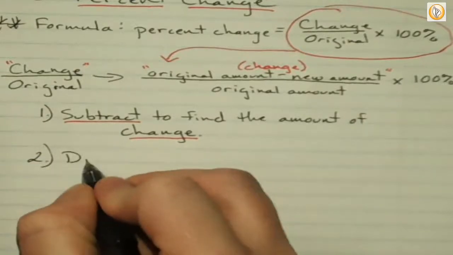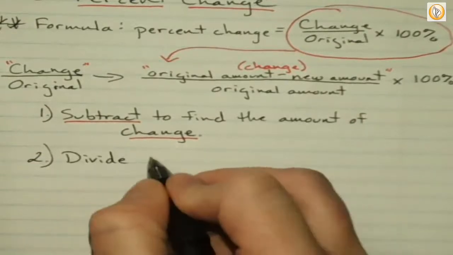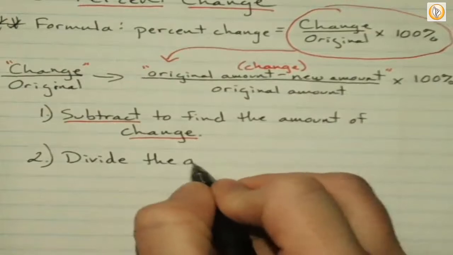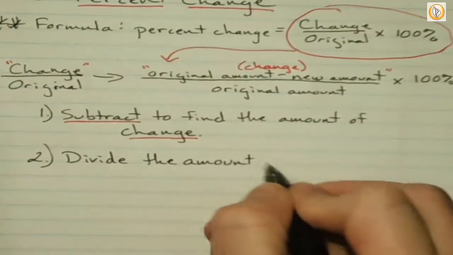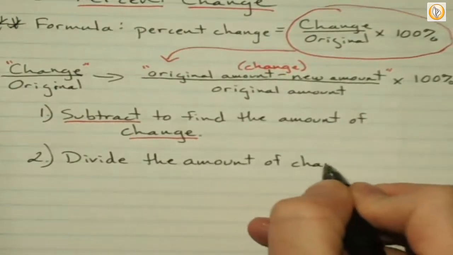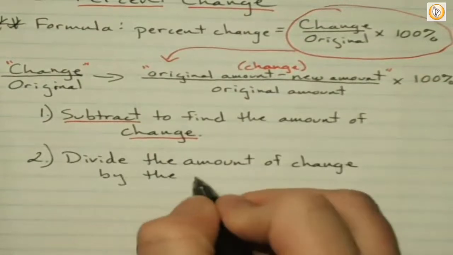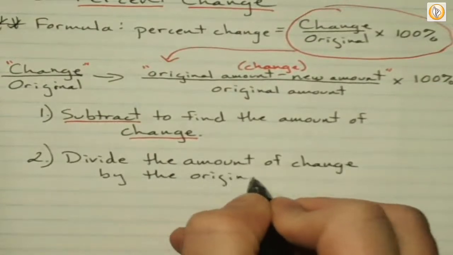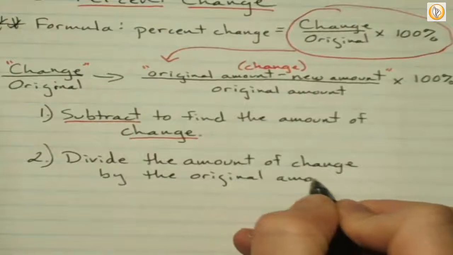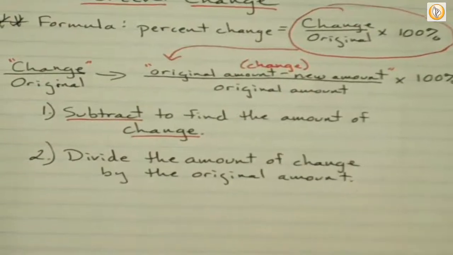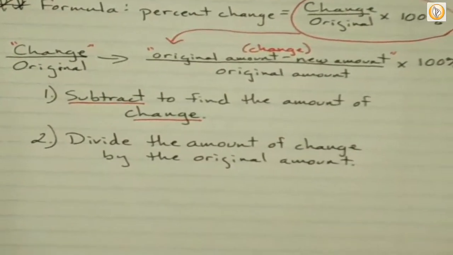Step 2, divide the amount of change by the original amount. And you all are probably saying, amount of what? New amount? Original amount? Amount of what? I'm about to explain that to you.